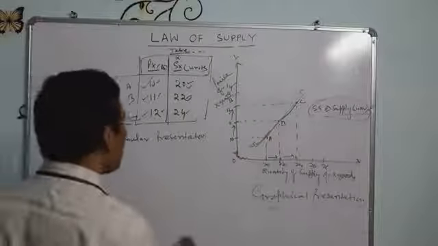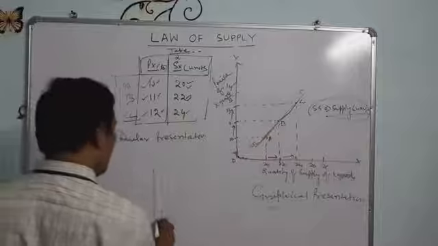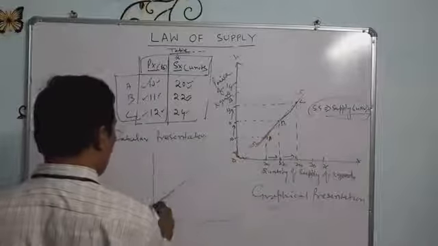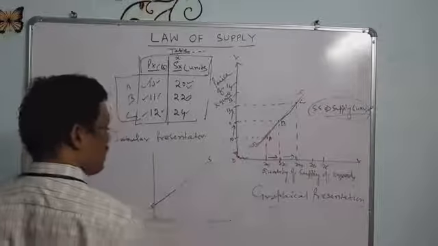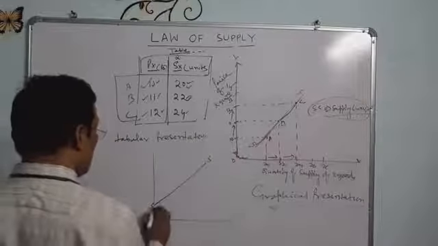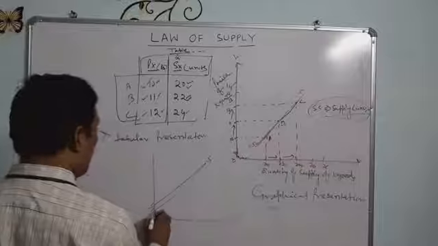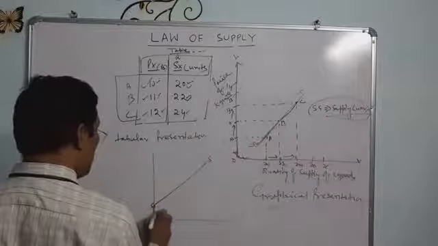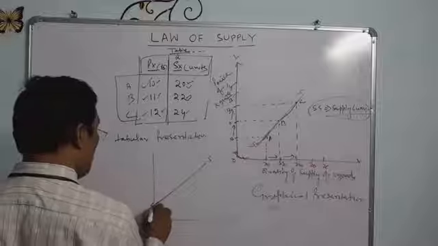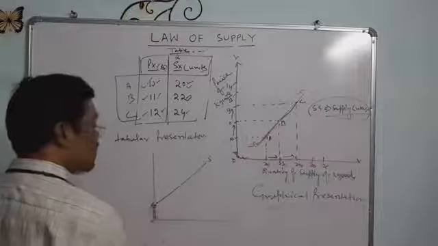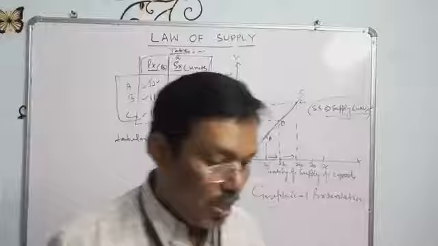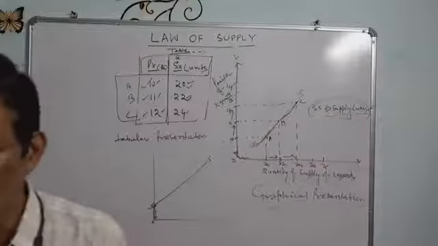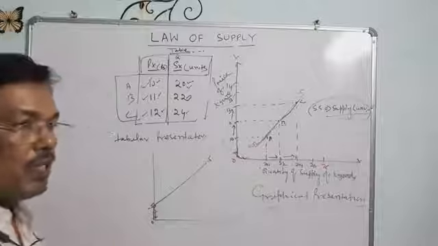Sometimes the supply curve may not start from the origin; it may start from a point like this. S is the supply curve. It means this price, which is OS, is the reserve price. It means the producer does not want to sell below this price, because he will suffer a loss.